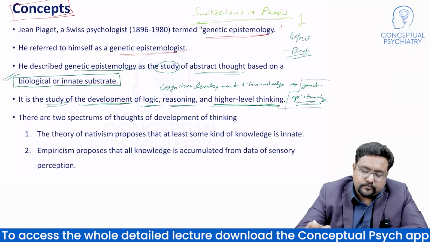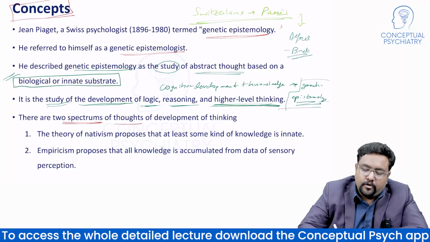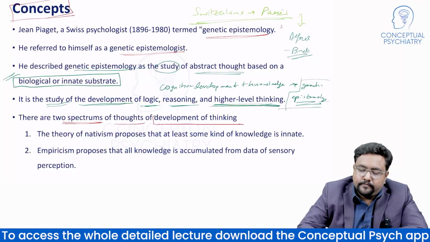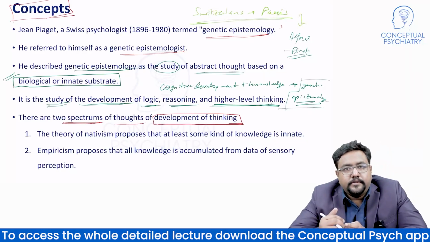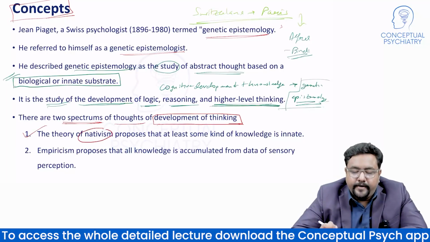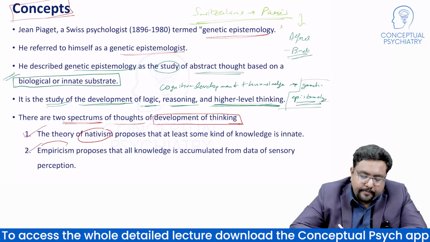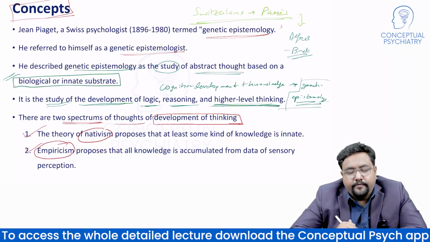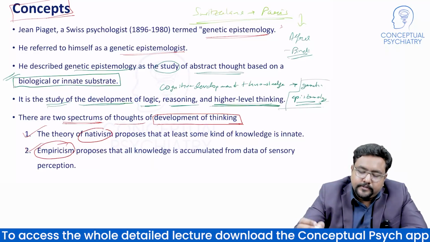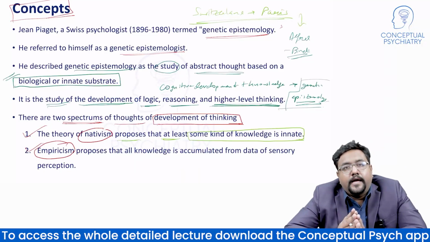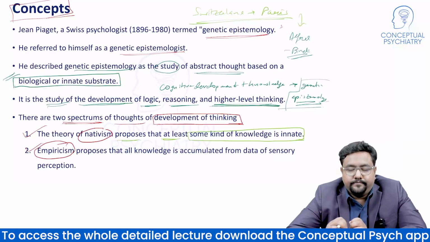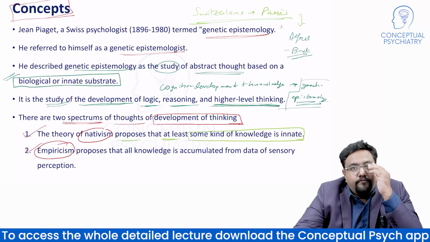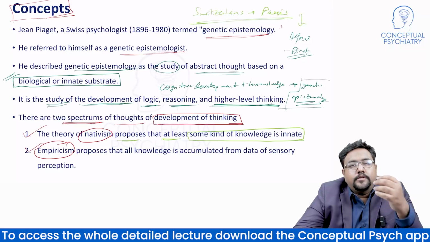So now there are two spectrums of thoughts on the development of thinking. So how does thinking develop? There is the theory of nativism and there is the theory of empiricism. What does the theory of nativism say? It says that at least some kind of knowledge is innate to the person. That is, you are born with some particular kind of knowledge.